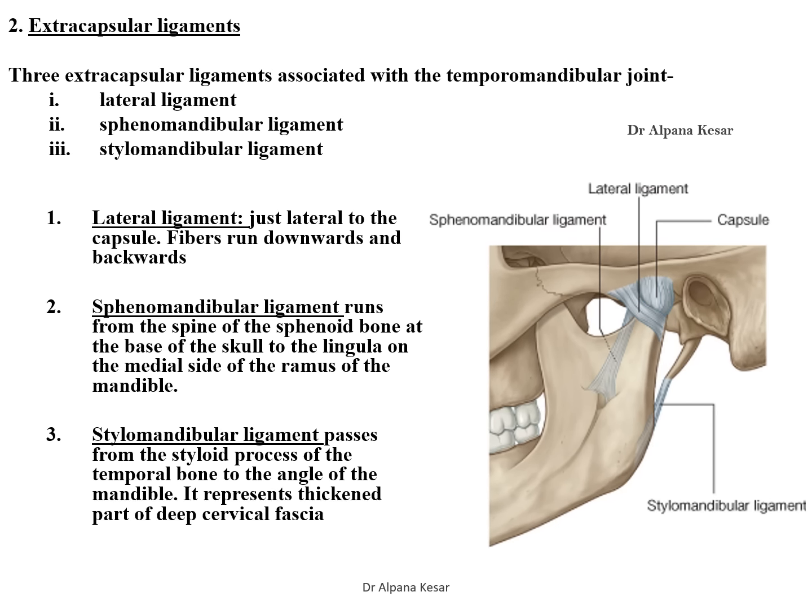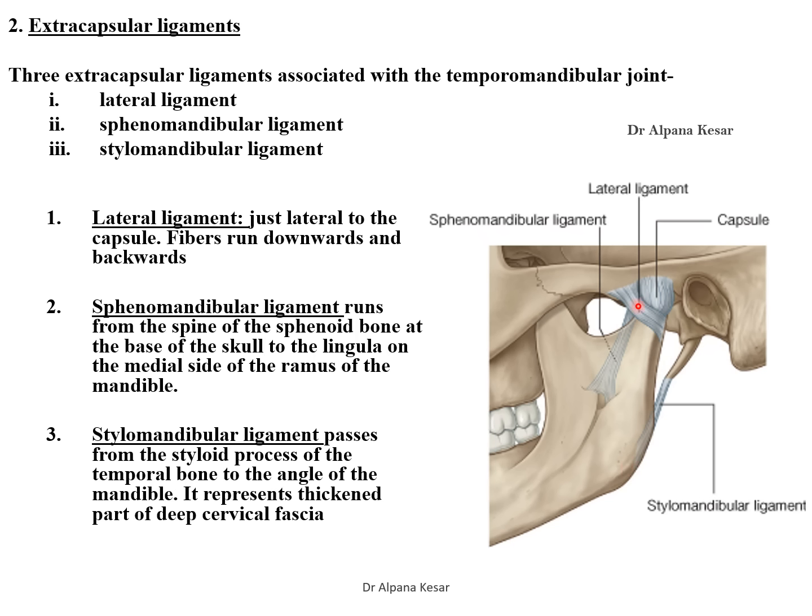Extracapsular ligaments. As the name itself suggests, those ligaments which are present outside the joint capsule are called extracapsular ligaments. There are three extracapsular ligaments in temporomandibular joint. They are the lateral ligament, sphenomandibular ligament, and stylomandibular ligament.